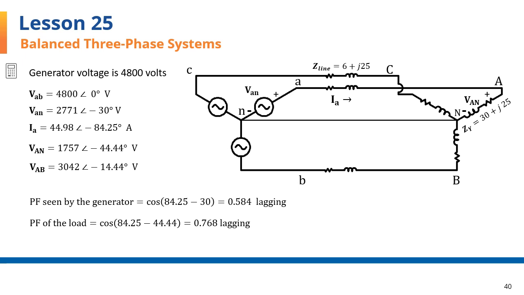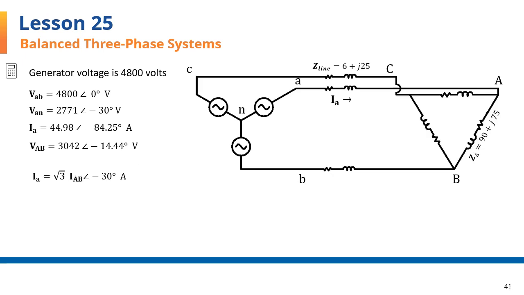I'll now restore the original delta connected load. Here is our original circuit. From IA, we can find the load phase current IAB.